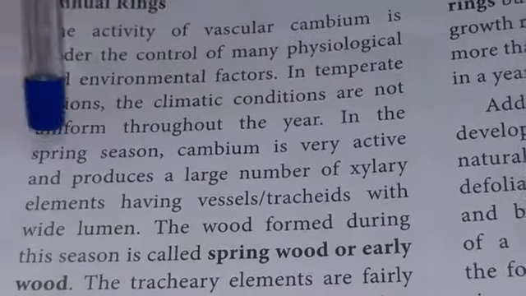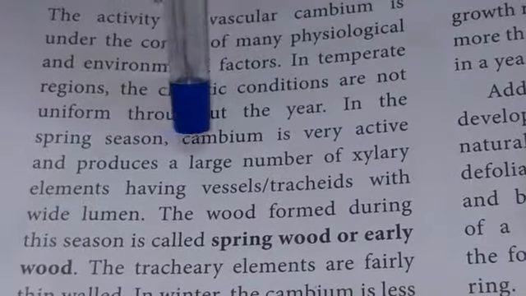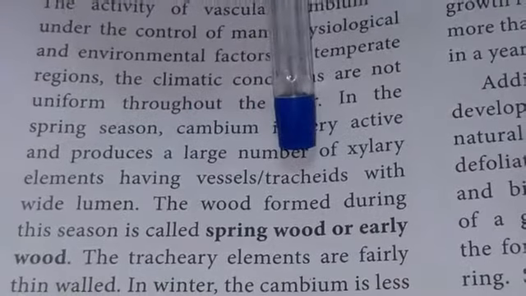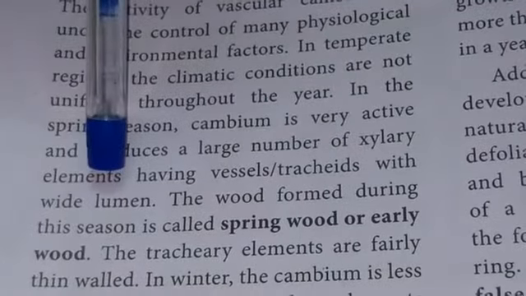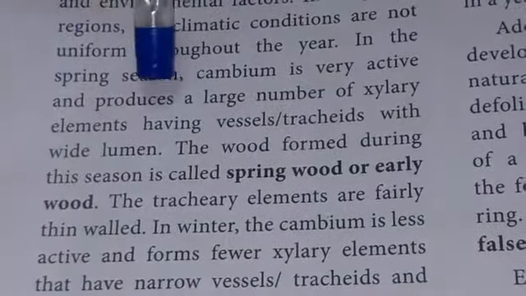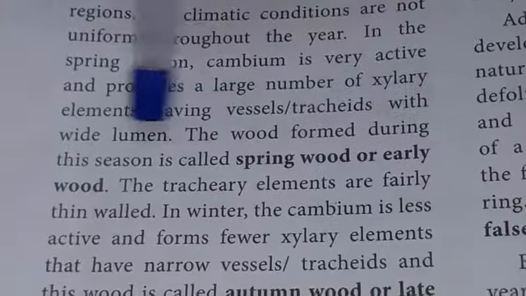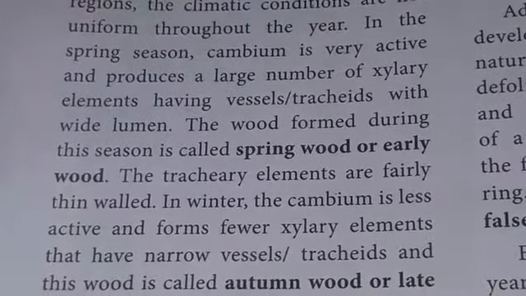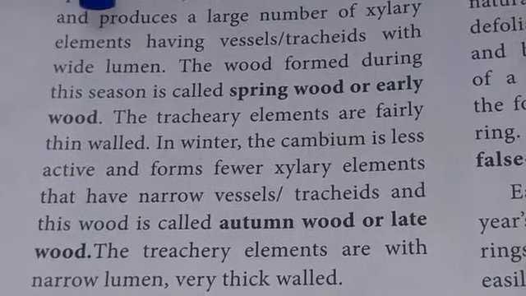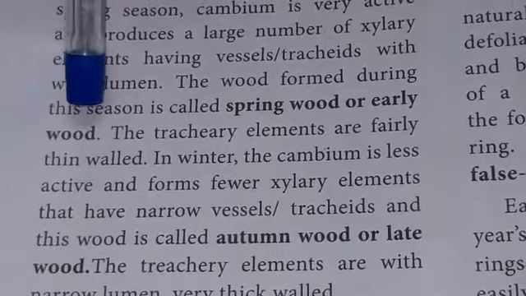In the spring season, the cambium is very active and produces a large number of xylem elements having vessels or tracheids with wide lumen. Lumen means the central cavity, which is very wide in nature. The wood formed during the spring season is called spring wood or early wood.